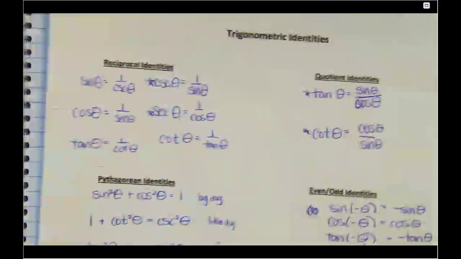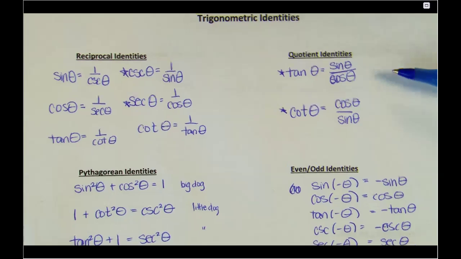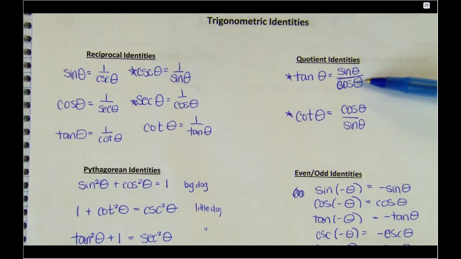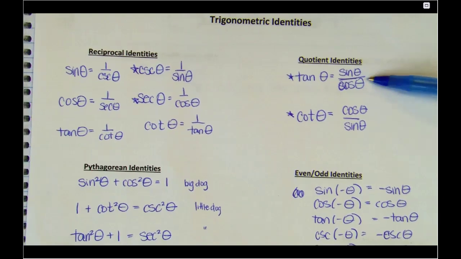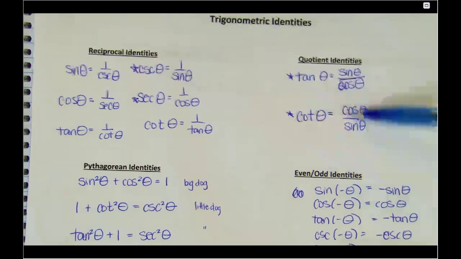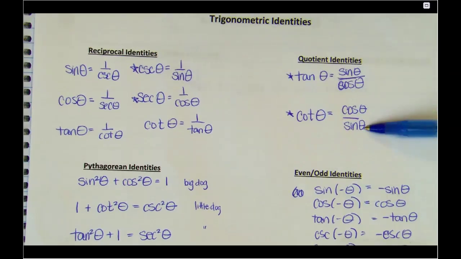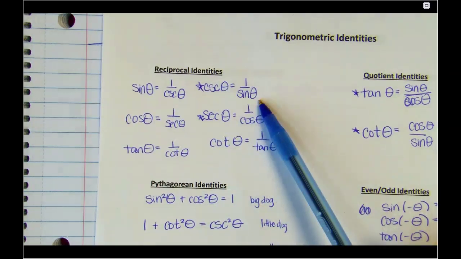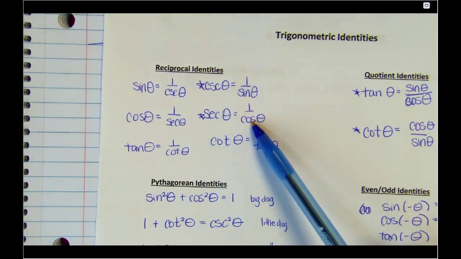So if you look at this, the quotient identities: tangent can be rewritten in terms of sines and cosines. Cotangent can be written in terms of cosine and sine. Over here, cosecant can be written in terms of sine, and secant can be written in terms of cosine.